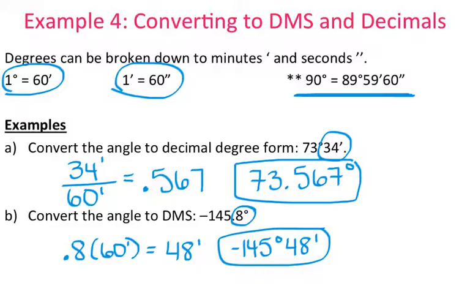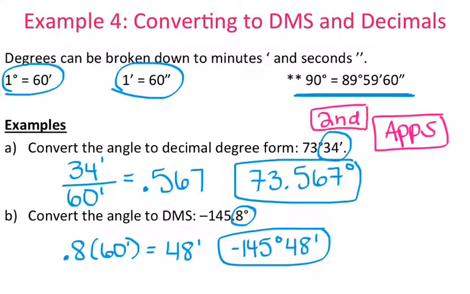So let's go ahead and start with letter A again. I'm going to start by typing in the 73 into the calculator. If you'll notice, right above apps, you see that word angle. So you're going to hit second and then apps, and it gives you the degree symbol.